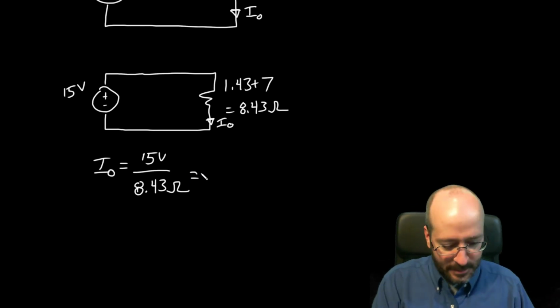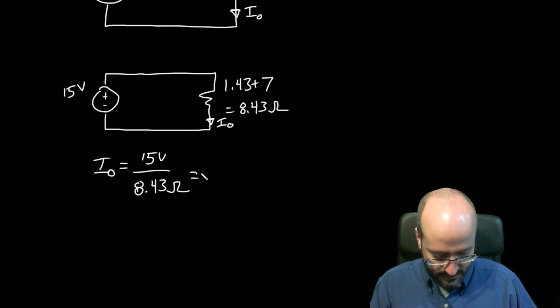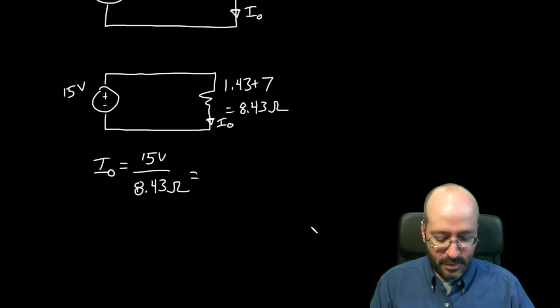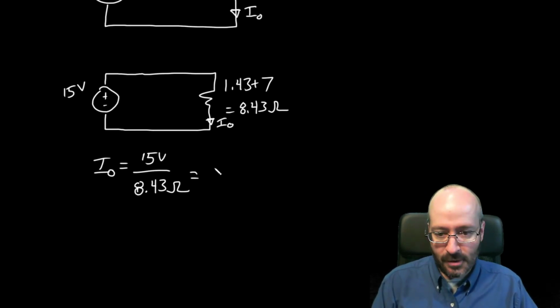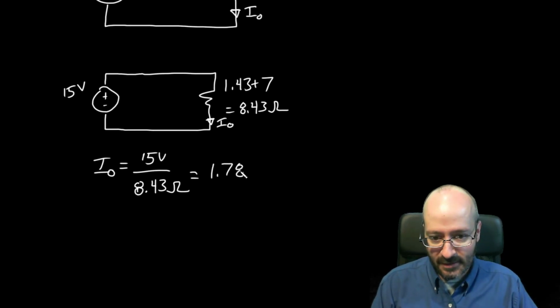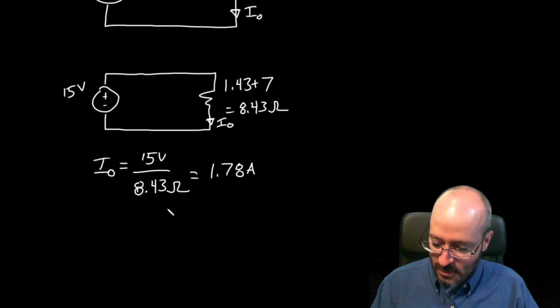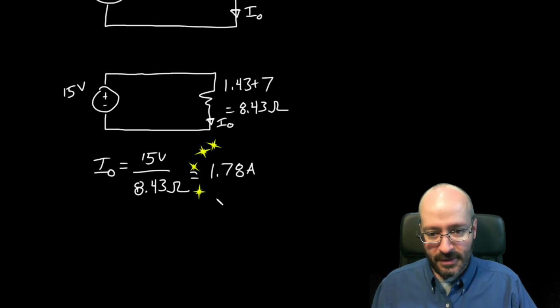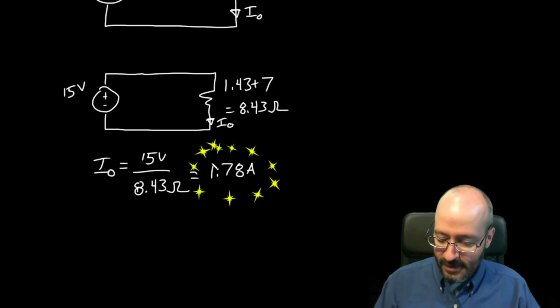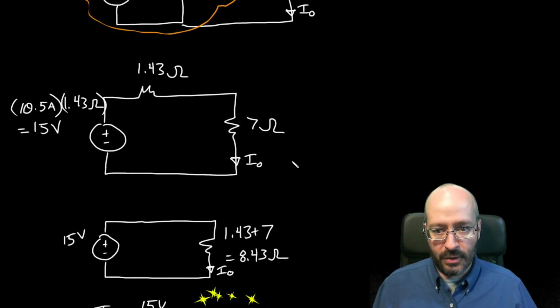What does that work out to be? 15 divided by 8.43. 1.78, we'll call it 1.78 amps. Whew. Okay. Horrible way to solve a circuit. Wonderful way to reduce the complexity.